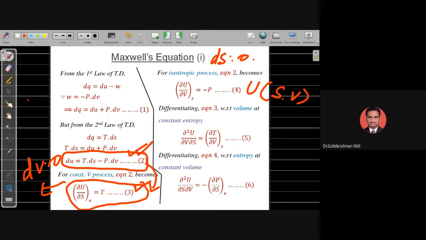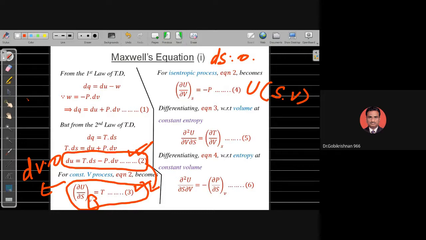Dou U by dou S at constant V. Constant V means the V is kept outside the bracket, and the variable present outside the bracket is the one kept constant. Therefore, equation number 3 is the change in internal energy when there is a change in entropy at constant volume.